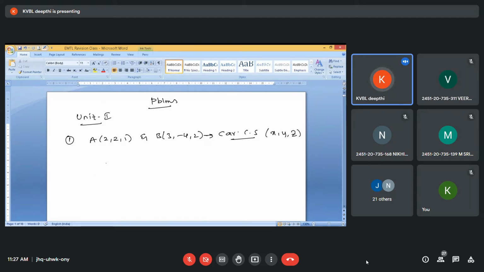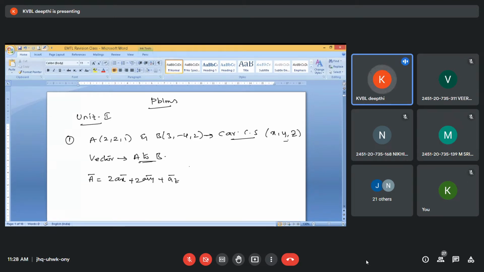Now we have to obtain a vector from A to B. So how do we find the vector from A to B? Generally, how do we write the equation for A? The given points are in x, y, z coordinates, so we will write A bar as 2ax plus 2ay plus az.